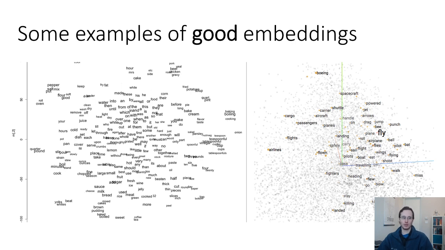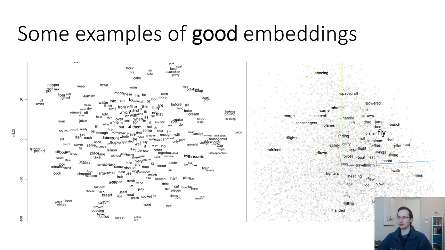And similarly, in the snapshot on the right side of the slide, at the top there are words like spacecraft, shuttle, jet powered, like fancy state-of-the-art aerospace things. If you go to the left from that, you see aircraft, passenger, cargo, flight, airlines. So also aerospace related terms, but more related to mundane passenger flight things.